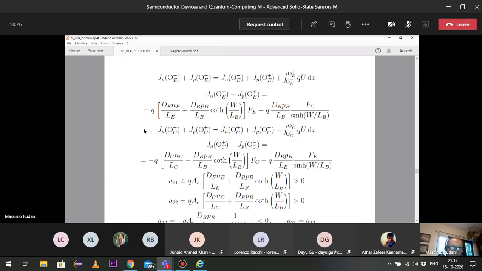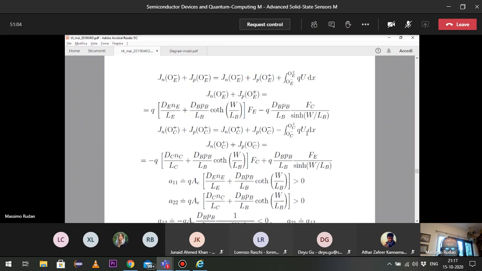Again, we start at 0C plus. We calculate the current as the sum of the two electron and hole currents. Then Jn of 0C plus is the minority current density, so it stays. Jp of 0C plus is replaced with Jp of 0C minus less the recombination current associated to the collector, okay?